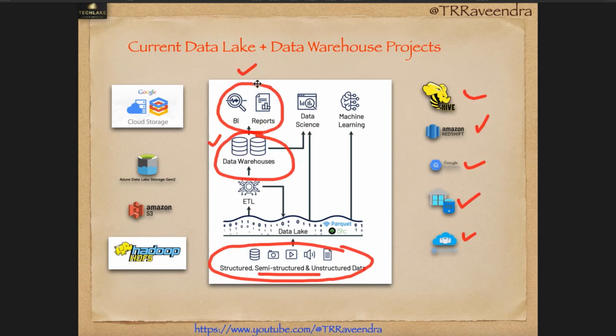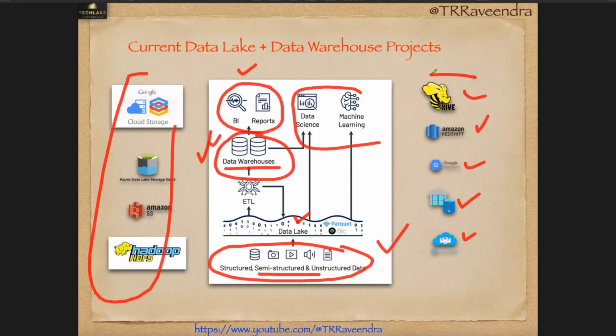The major problem with this architecture is a separate data lake and a separate data warehouse. You are managing a data lake to store all types of data so the data science and machine learning teams can use it, plus you are managing separate data warehouses. Data lakes plus data warehouses increase the project development cost, because you are doing the additional activity of loading data into data warehouses and managing data in the data lake.